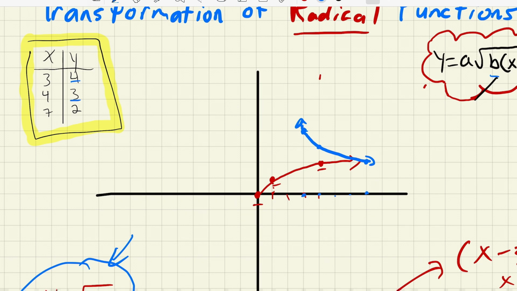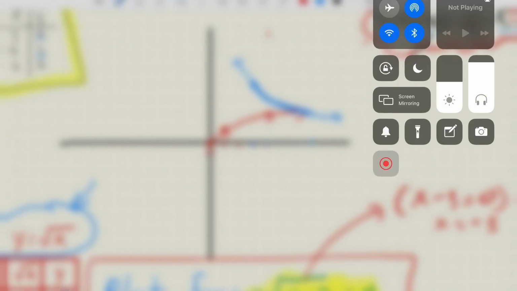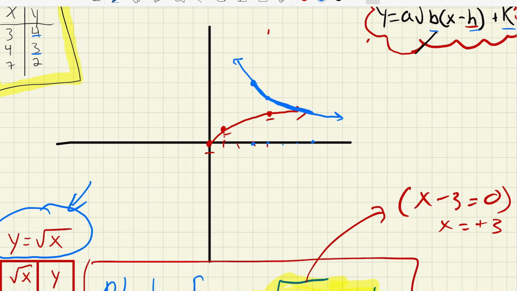So this has turned upside down, it is slightly inverted, and it has to do with the reflection. Let's do another example applying the same transformation principle.